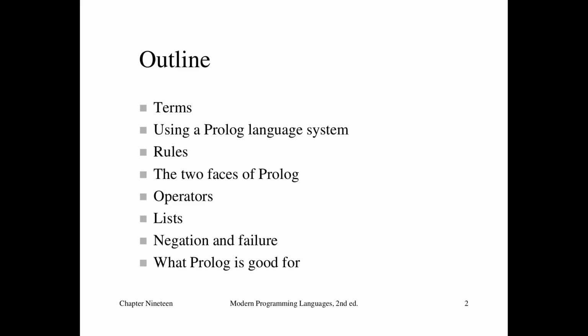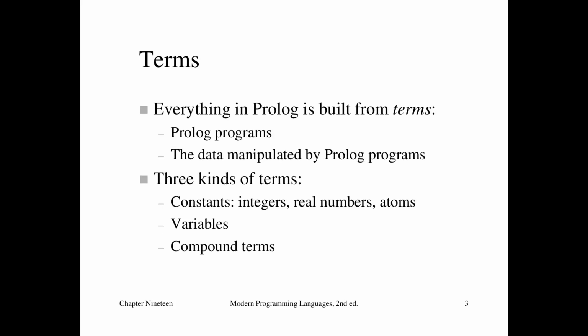knowledge of Prolog. So the basic construct in Prolog is what's known as the term. Every Prolog component is built up from terms. That includes all Prolog programs, which are themselves terms. They're completely built from these things, and all data manipulated by Prolog programs are themselves terms.